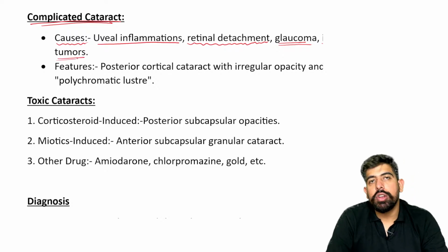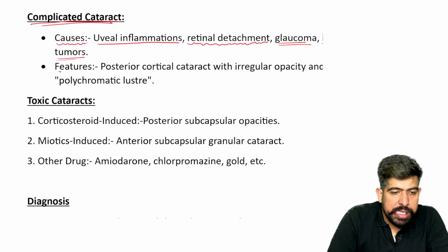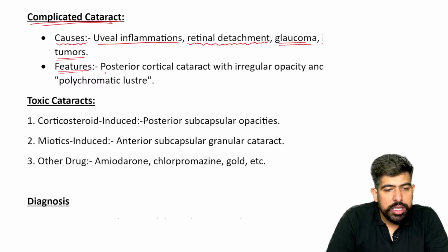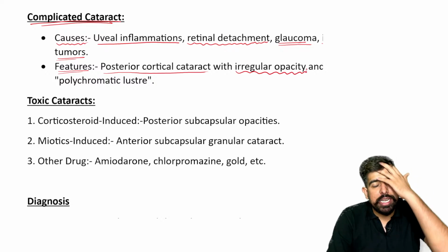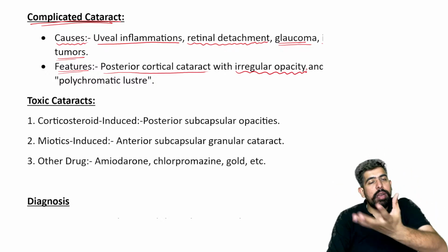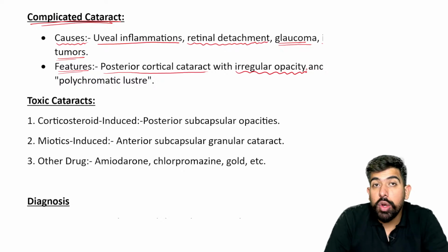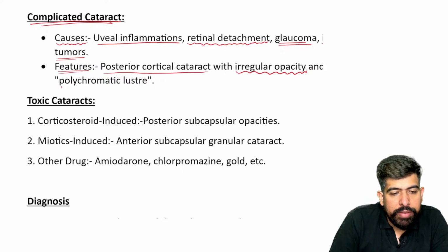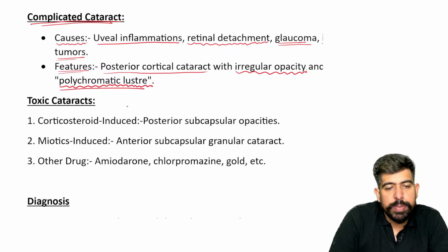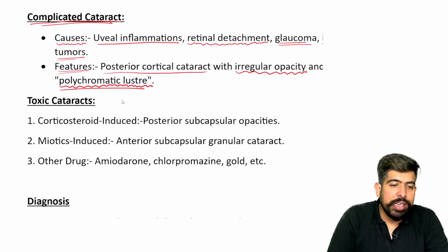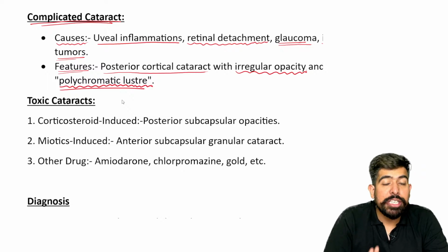Please remember the features: a posterior cortical cataract with irregular opacity. It starts from the posterior side, and it has polychromatic luster, which is a special feature of this complicated cataract.